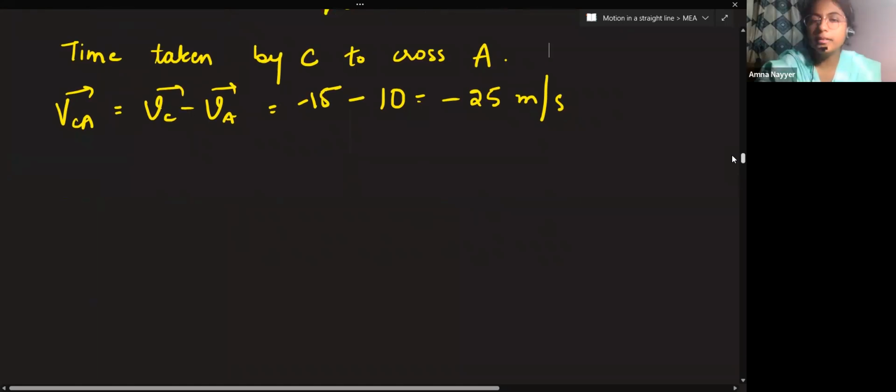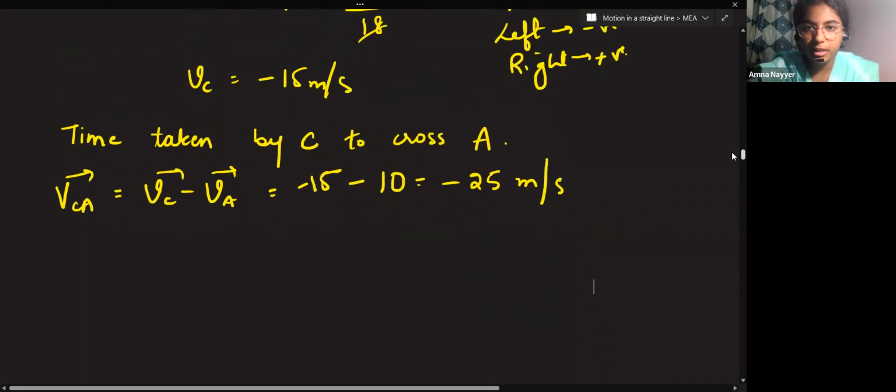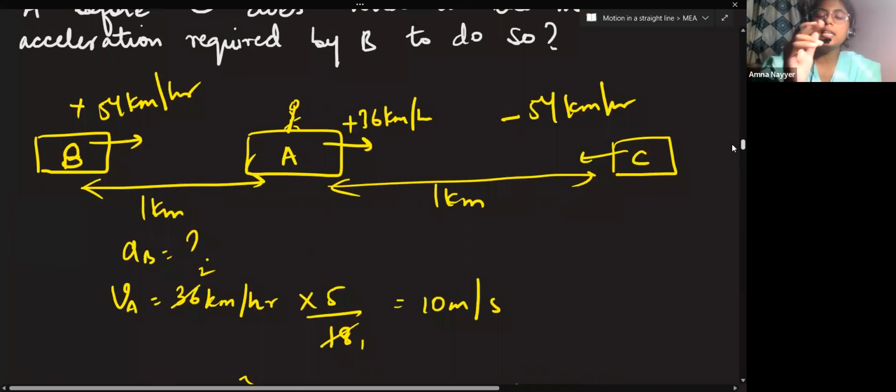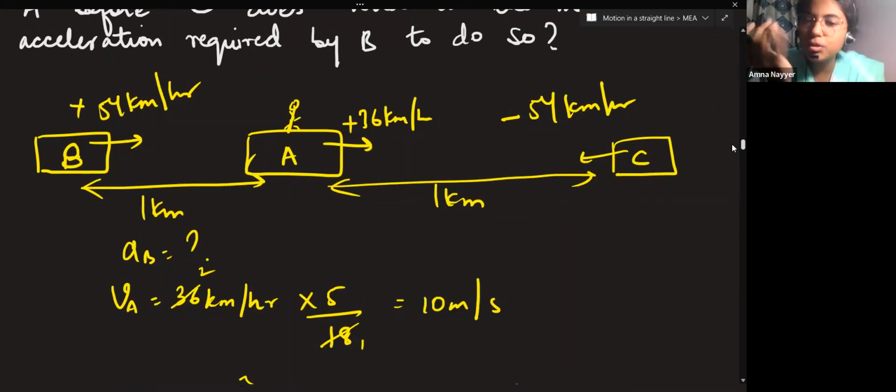Now, the relative separation between them. So, VCA we have calculated, that is minus 25 meter per second. See, what's the relative separation between C and A? Just look in the figure. This separation has been given to you in the question. What's the separation between A and C?